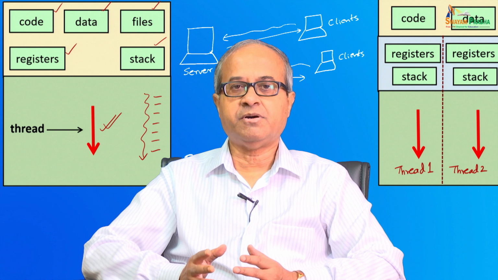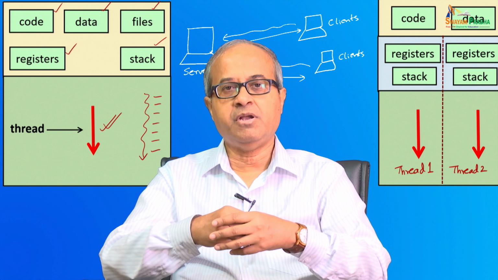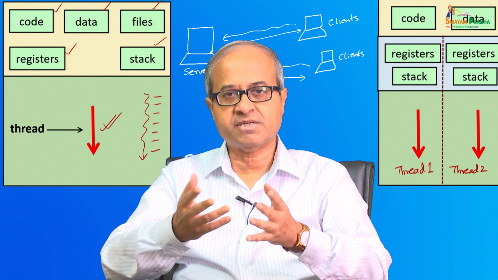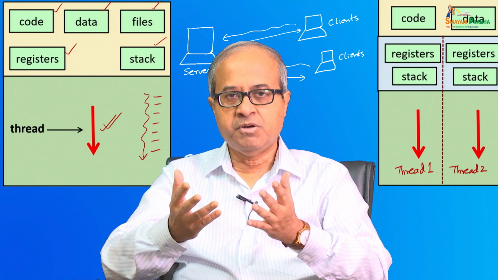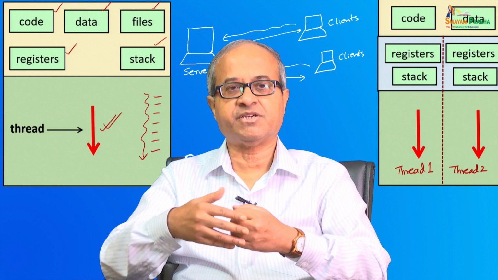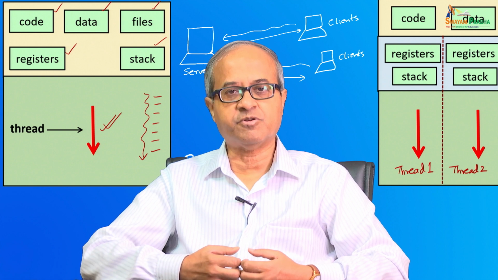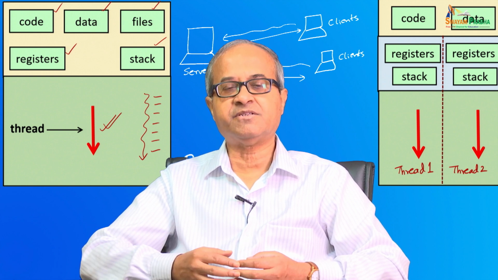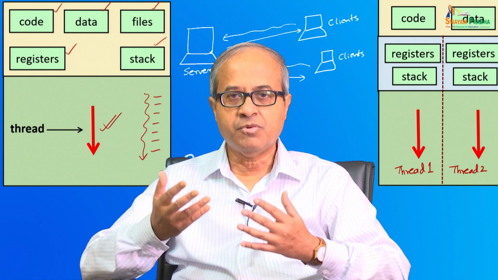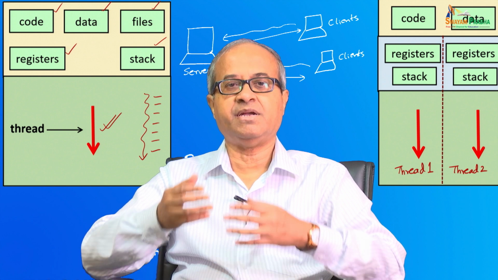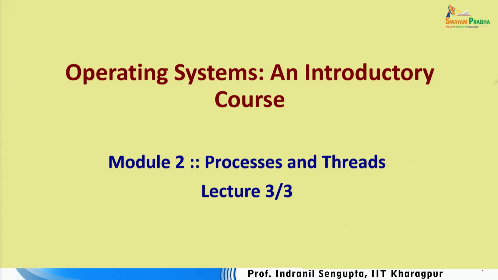So, we continue with our discussion on processes and threads. You recall in the last two lectures we had discussed various aspects of processes, how processes maintain the state of execution of a running program, how we store or keep track of the processes, and as case studies for Unix or Linux systems, we also saw how processes can be created, terminated, and the parent and child processes can synchronize among themselves.